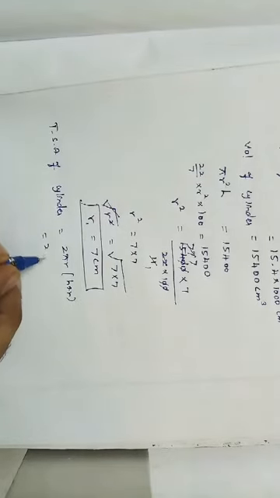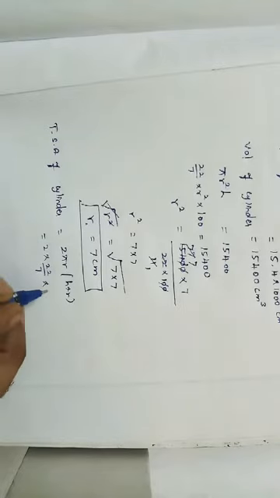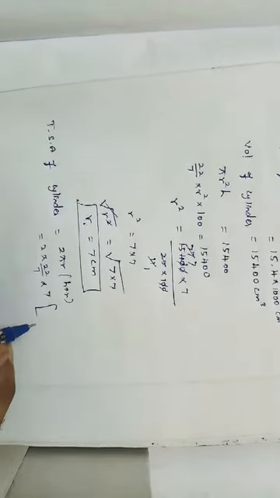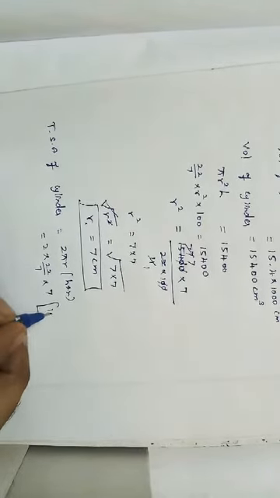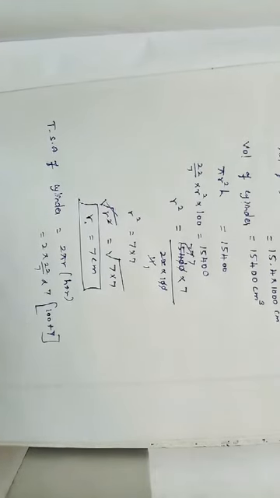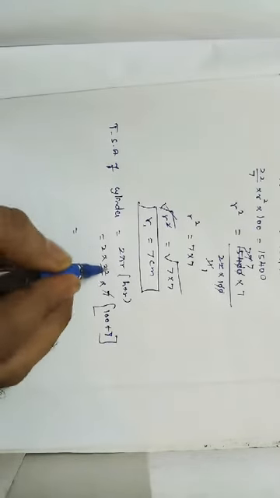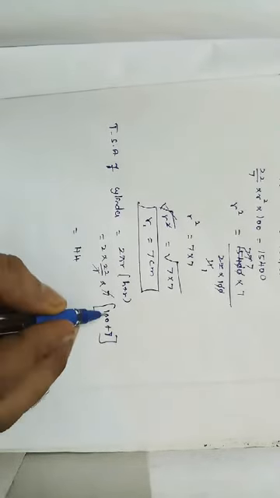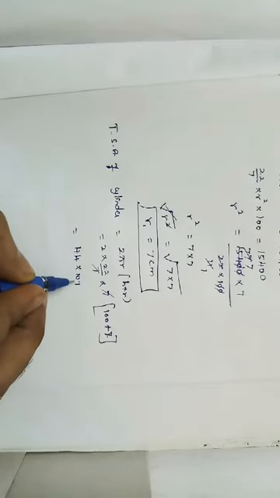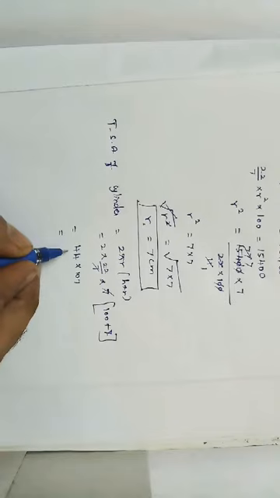So 2 into 22 by 7 into r, where r is 7, open the bracket, h plus r. H is 100, plus r is 7, so 100 plus 7. Here 7 gets cancelled. 2 into 22 is 44, and 100 plus 7 is 107. So 44 into 107.